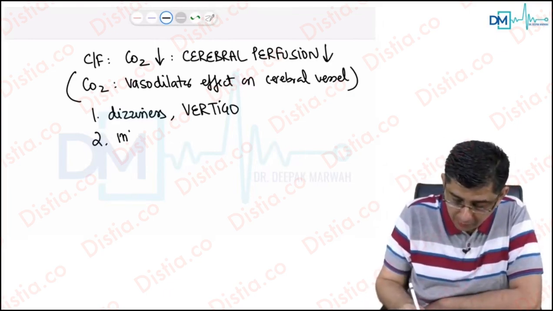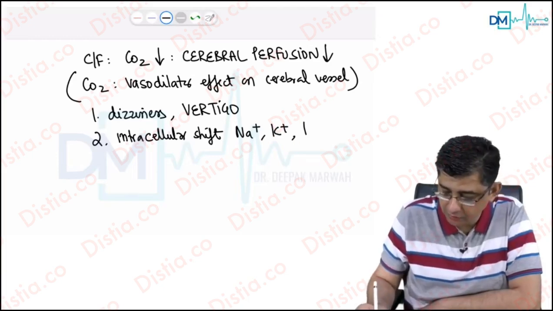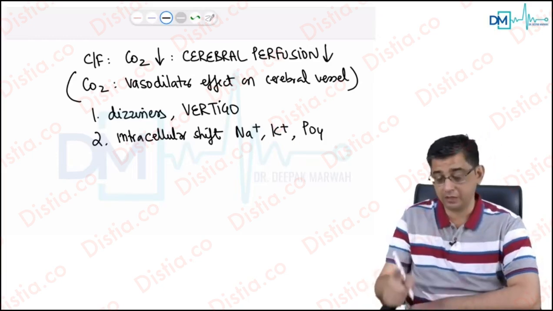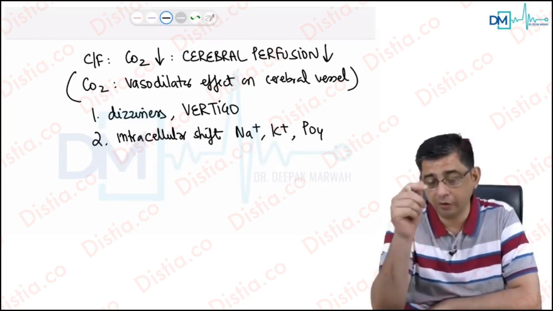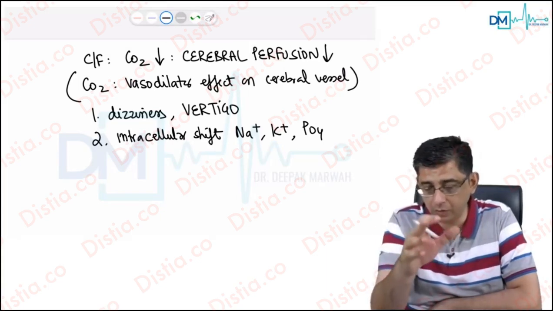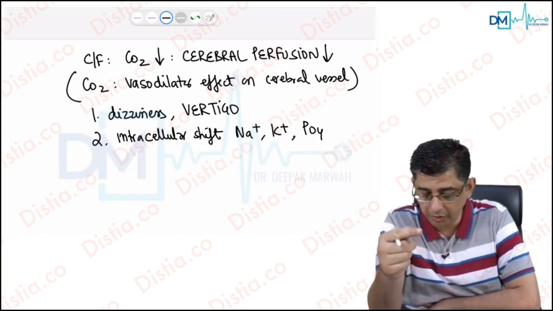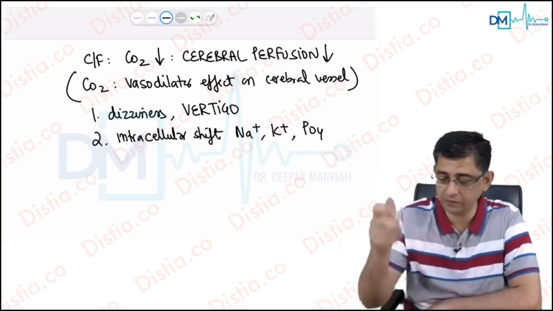Remember the fact that when carbon dioxide is less in the blood, there is an intracellular shift of sodium, potassium and phosphate. It's a very surprising statement which is given in Harrison, which I'm quoting here. He says, in respiratory alkalosis, when carbon dioxide in the blood is lesser and the pH of the blood is going towards alkalosis, then it can contribute to intracellular shift of sodium, potassium and phosphate.